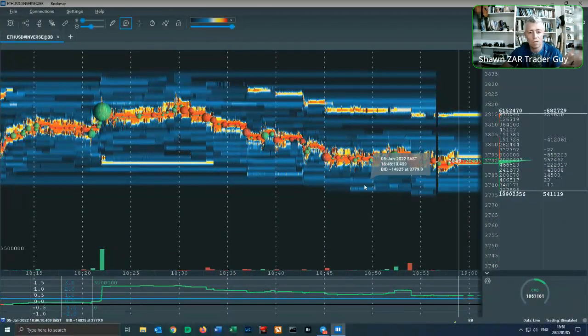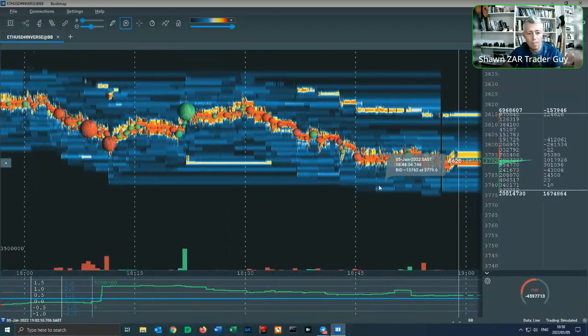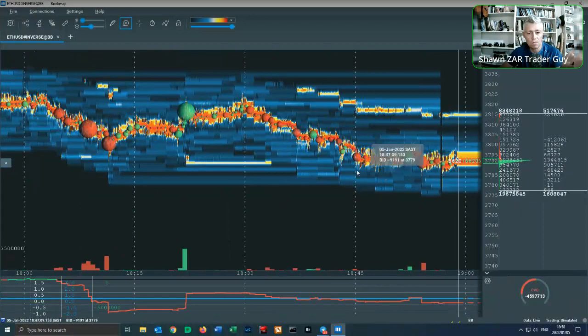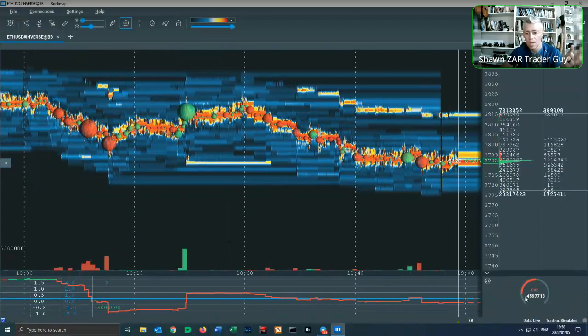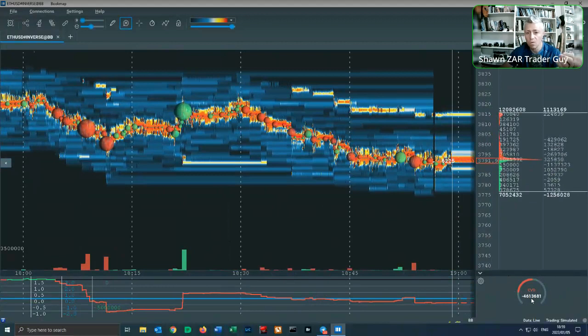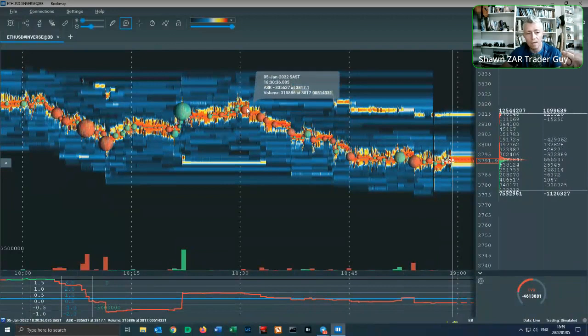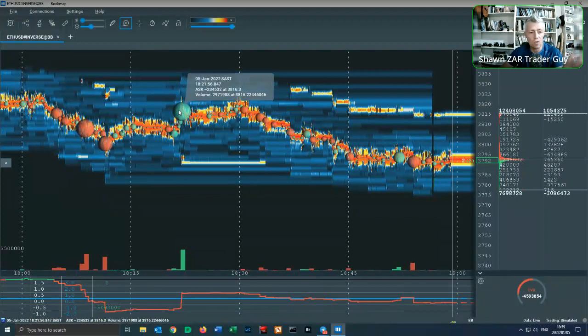If I scroll in and make this chart a little bit smaller, my cumulative volume delta is in a negative, which means that in the smaller time frame, the price is probably going to move down. You can see these big red circles are big sells, and these big green circles are buys.